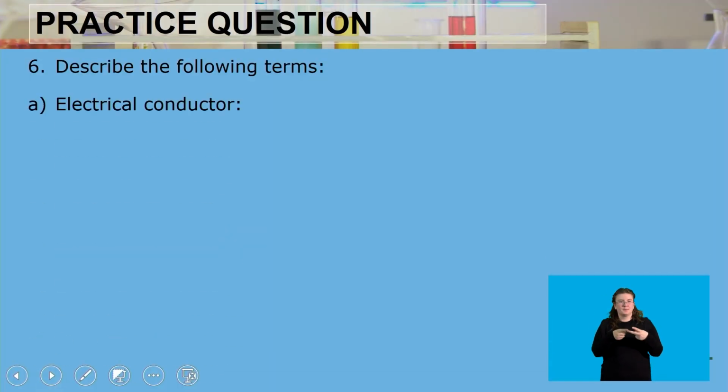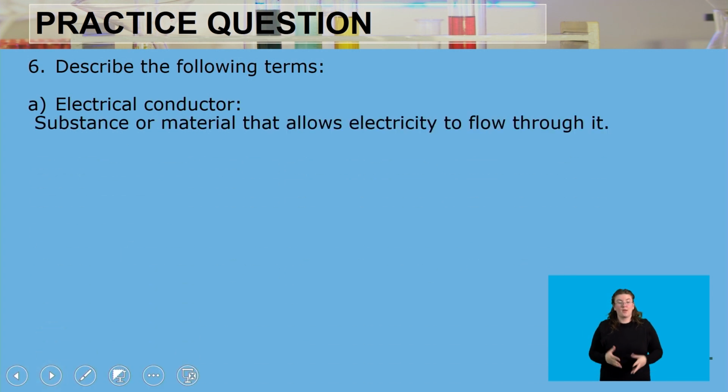Now, question 6 wants us to describe the following terms. Term number 1, what is an electrical conductor? That is a substance or material that allows, remember the keyword, it allows electricity to flow through it. Why? Because it is a conductor.